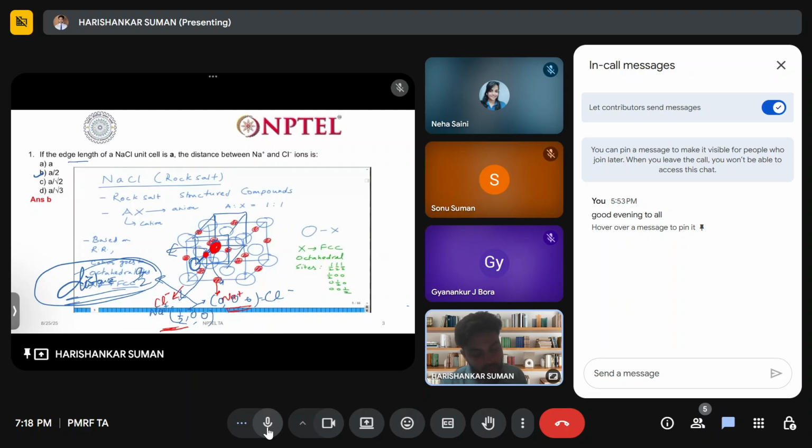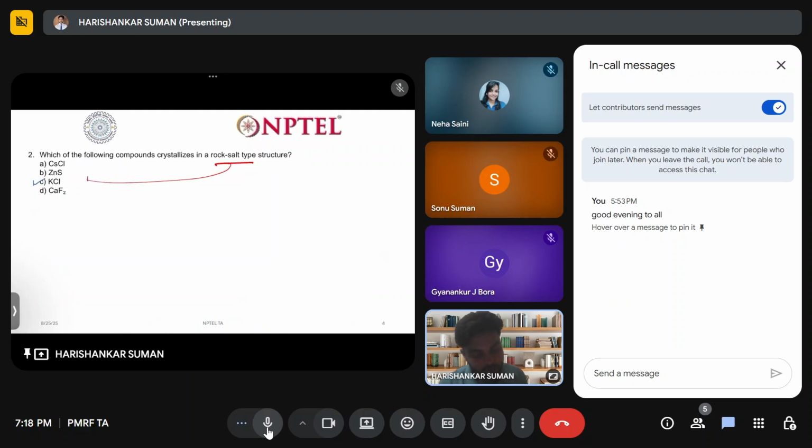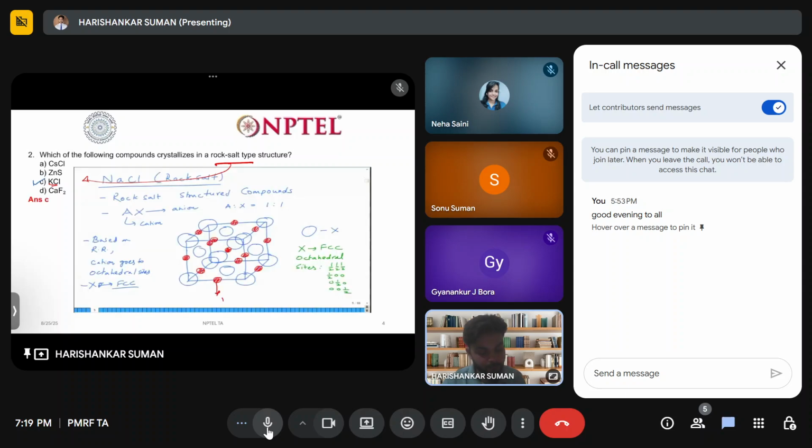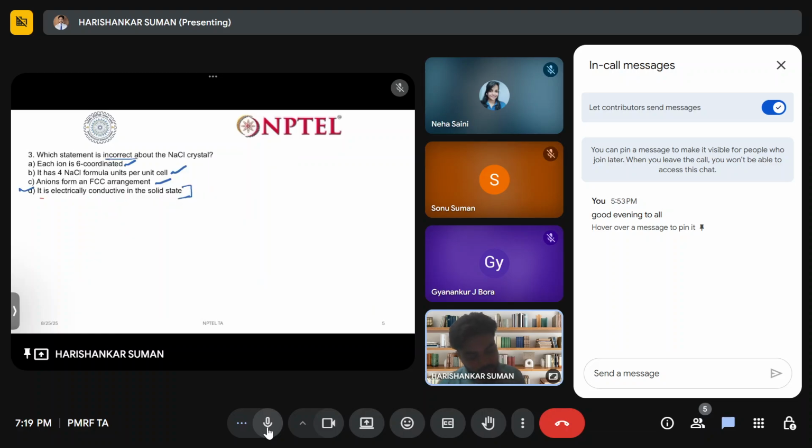So the halide of calcium will not be the rock salt type structure. And the statement about rock salt, that it is electrically conductive in the solid state, no, this is the wrong statement.